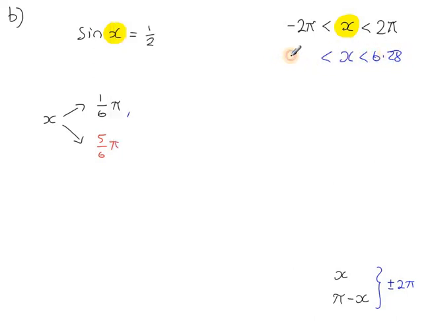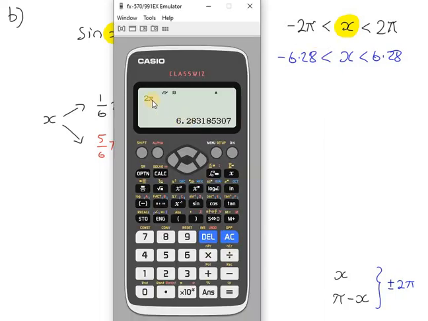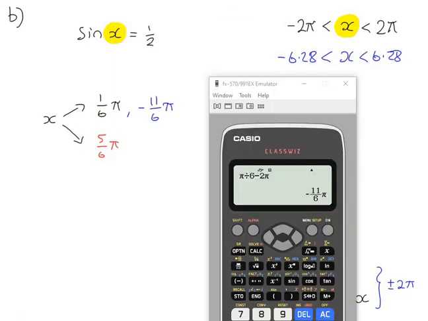So 6.28 and minus 6.28 radians. All I've done is I've put 2 pi in the calculator, hit the SD key, and it's about 6.28 radians. It helps when you're comparing angles that you've worked out to see if they're within that interval. So this angle, if I just press the SD key, it's easy to compare now.